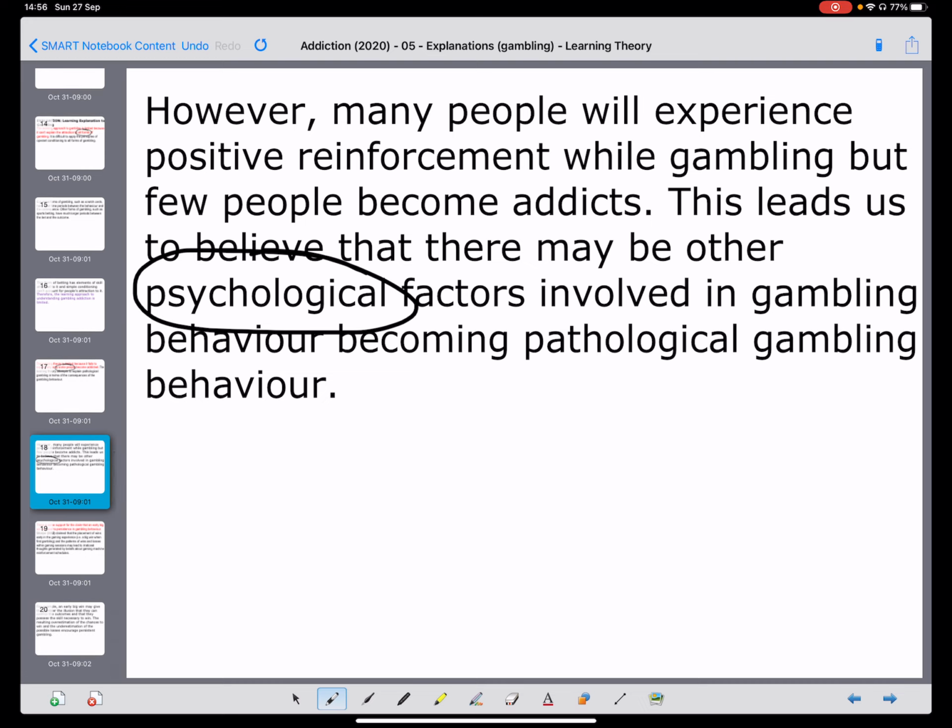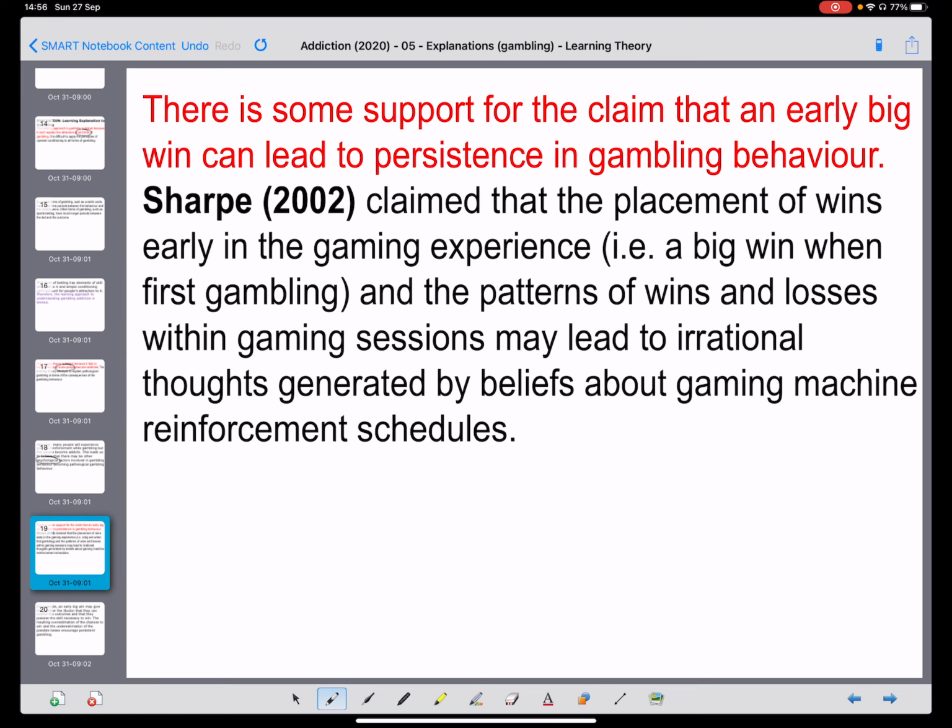Now the last point is a little bit more complex. If I'm going to look at other factors, we need to look at the big picture. We've got two explanations for addiction, and one of them is the cognitive model. It's the next one we're going to look at, and for me, that's quite a compelling explanation.